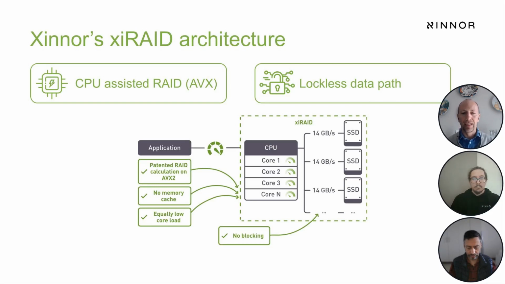What does it mean? It means that we have a way to dynamically allocate the stripe to the available CPU core. And by doing that, we can evenly distribute the load across all the available cores without creating any spike of load, which ultimately would translate in bottleneck in the performance.